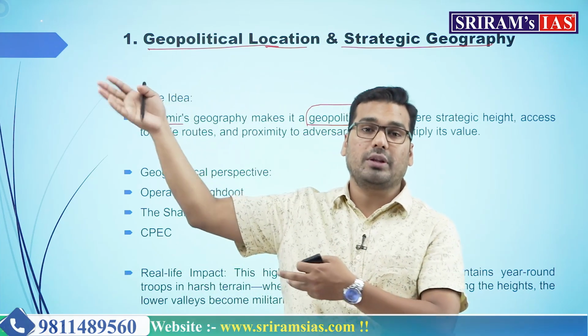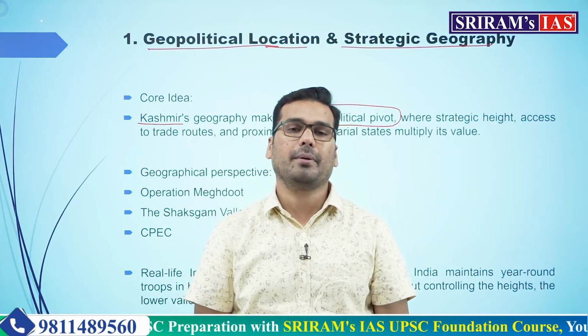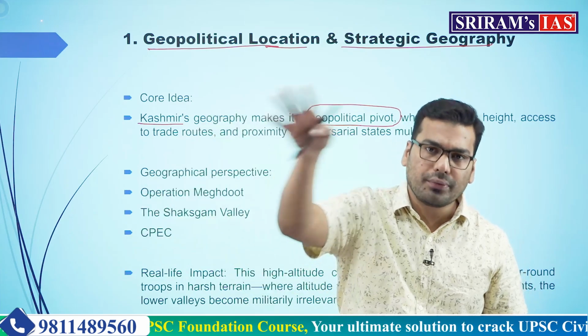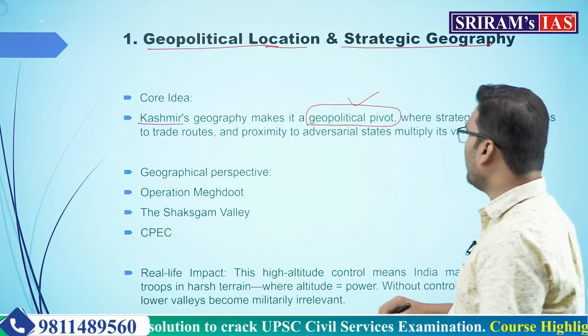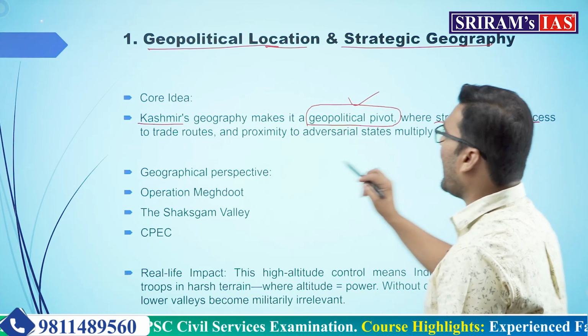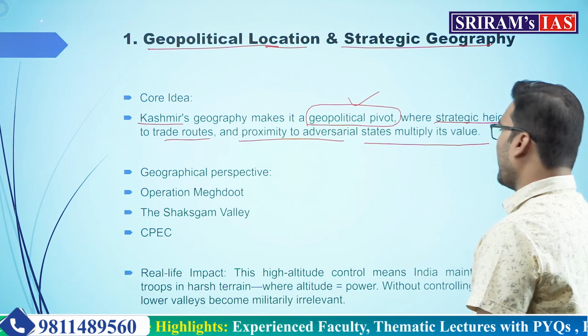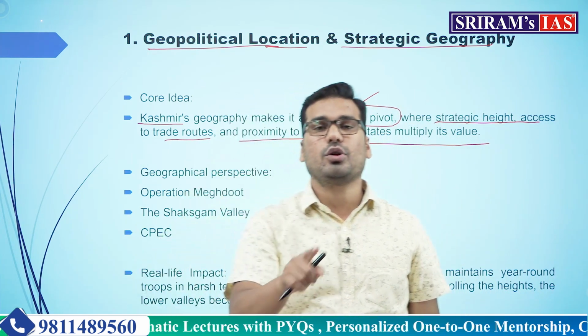Earlier there was Tibet, so part of Tibet was also attached, and this is part of India. So this is an area where a lot of powers, a lot of players are involved. It is a geopolitical pivot where strategic height, access to trade routes and proximity to adversarial states multiply its value. That means it is a very strategic location.